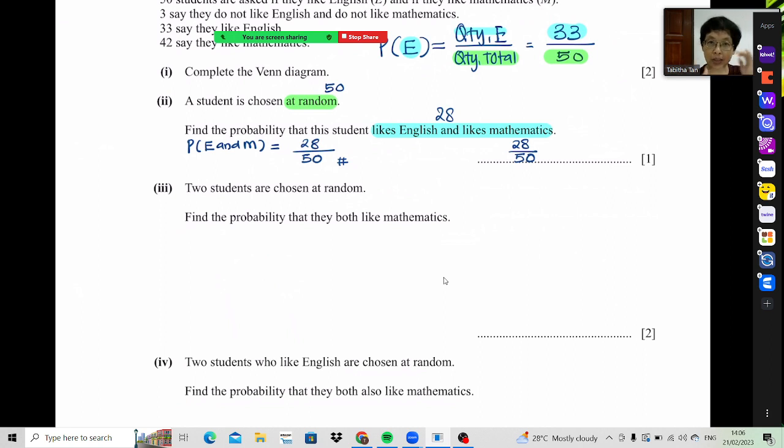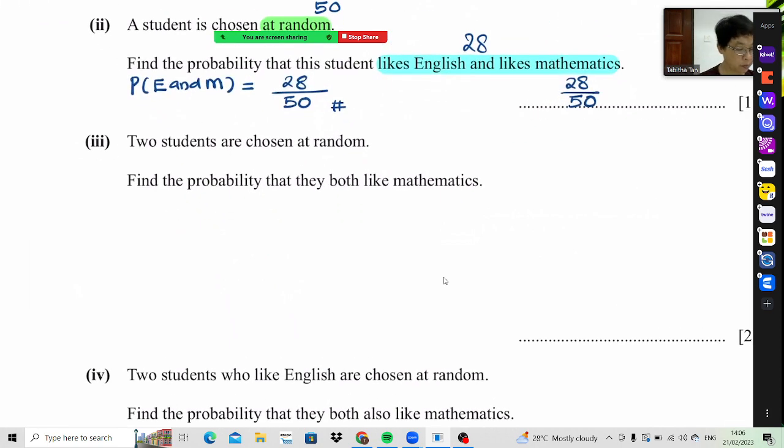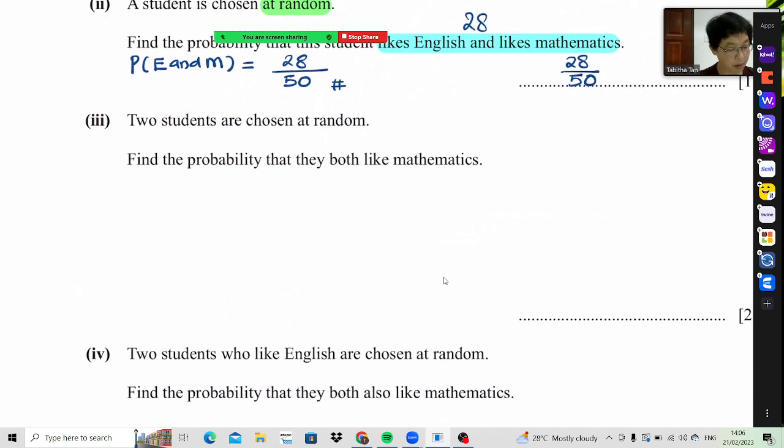That is the basic idea when there is more than one pick from the crowd. Based on that, let's find the probability that they both liked mathematics. So now let's go on. The probability of maths and maths.